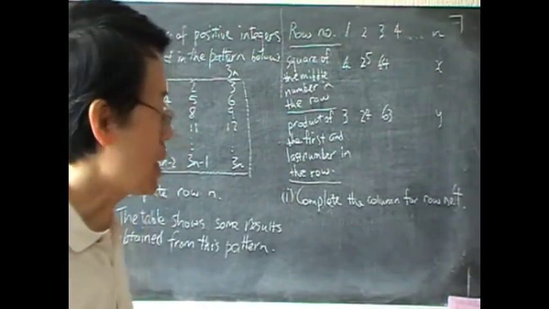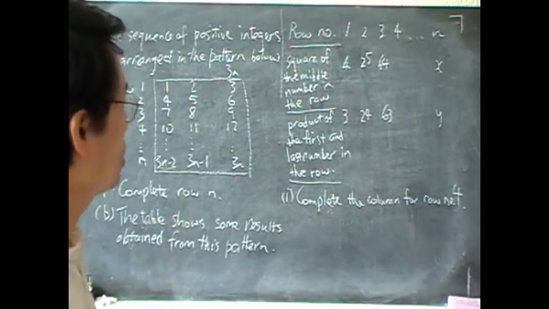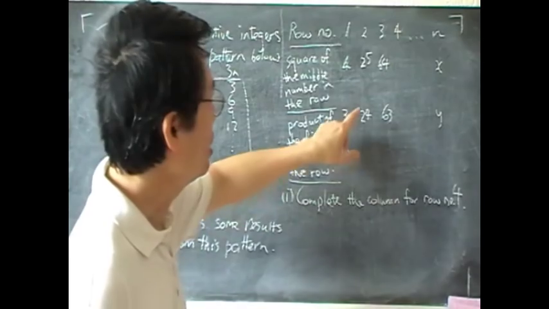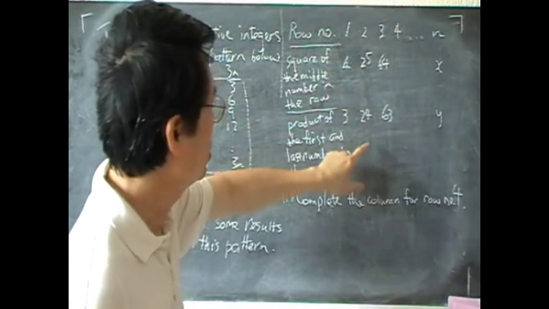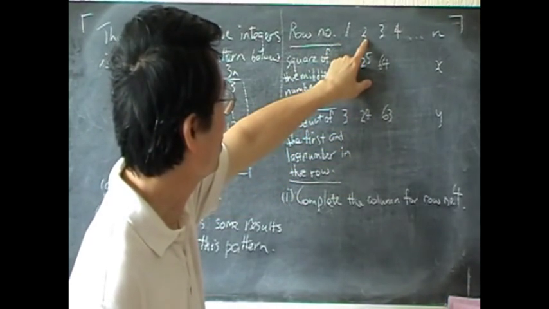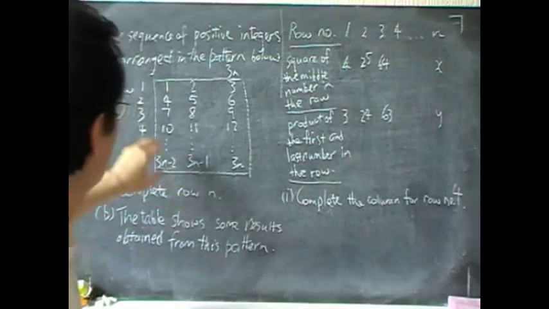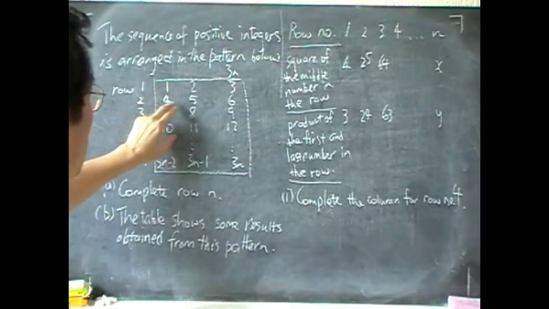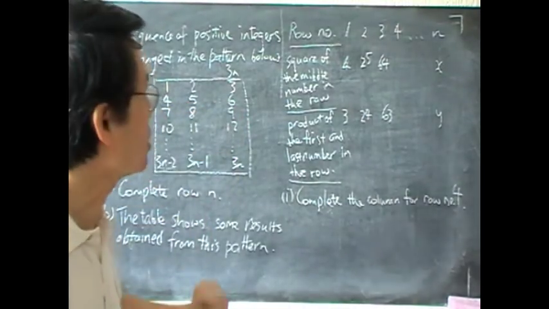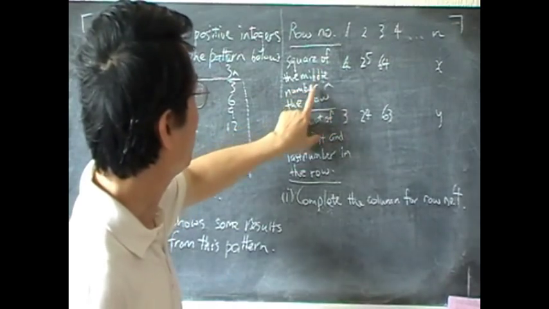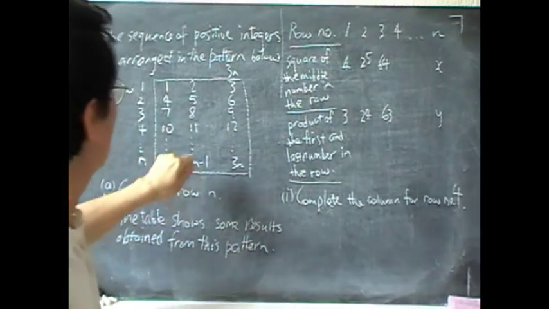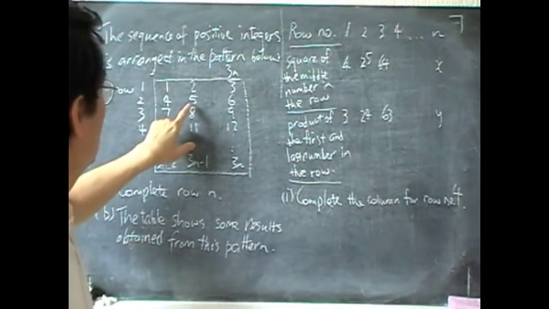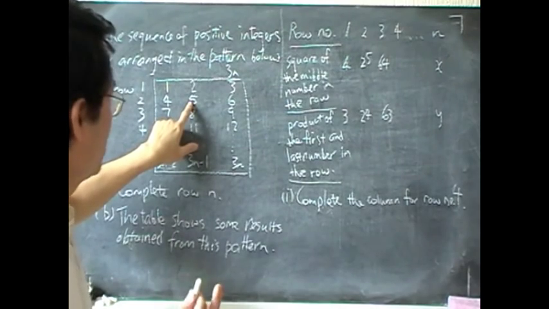So let's just check that we understood this correctly by looking at the next row. Row number 2, which is here. 4, 5, and 6. Square of the middle number in the row is 5 squared.